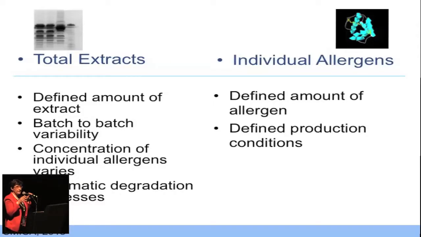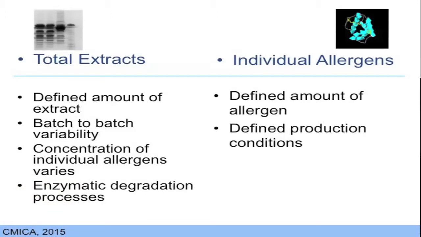They vary from batch to batch, and they may have low or high concentrations of individual allergens, which are more important or less important, and there are other substances in these extracts as well. And some of these proteins may get degraded during processing, so you may not find these relevant allergens in your extract anymore.